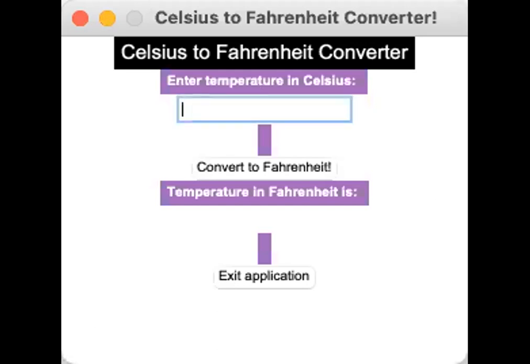That function is now available to us. Note that the other text box is down here and it's disabled. We can't see it at all. So I can enter, for example, 100 in Celsius, click on convert to Fahrenheit, and it converts it to 212, which is correct. I can then exit the application.